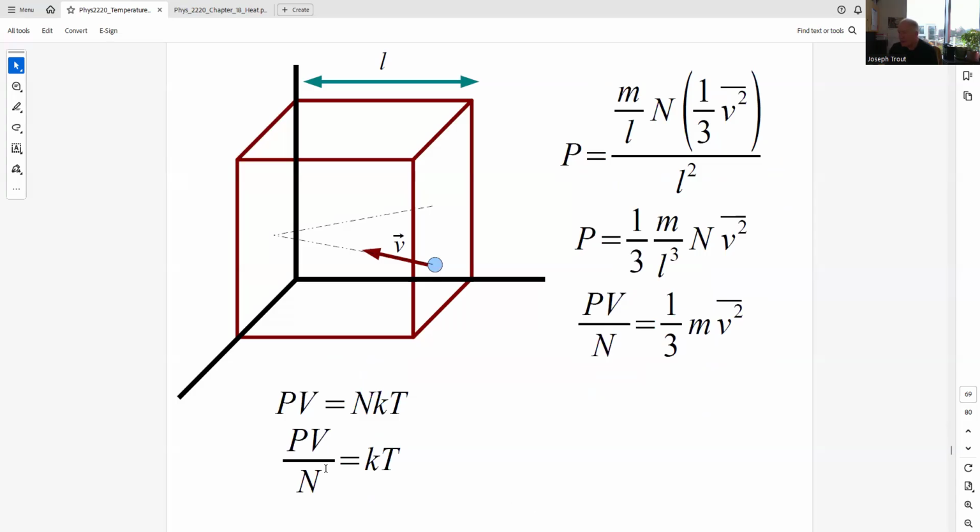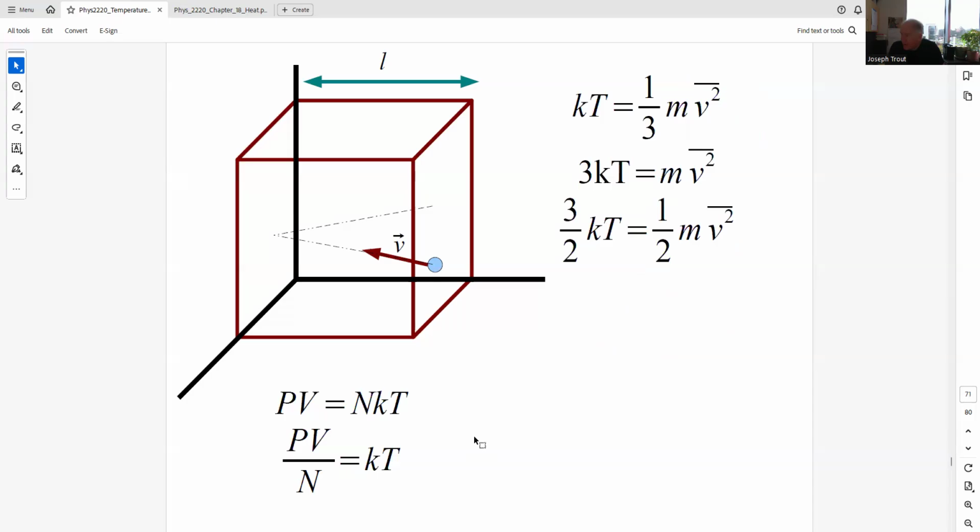However, we know that PV equals NkT, so P over V equals kT. So we get kT is equal to 1/3 the mass times the average of the velocity squared. And now we'll divide both sides by 2, and we end up with 3/2 kT.